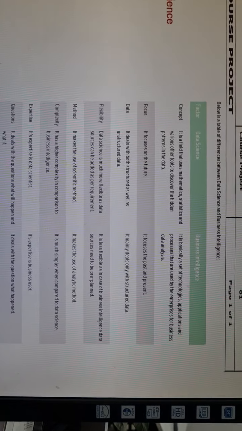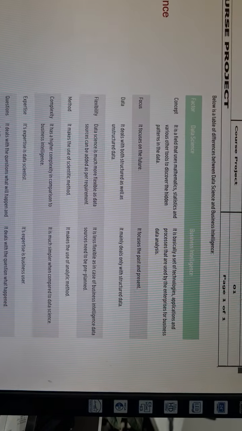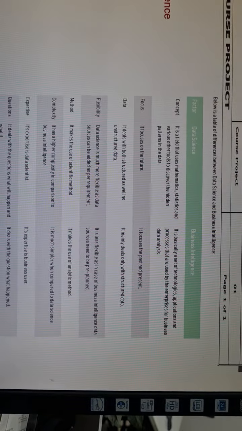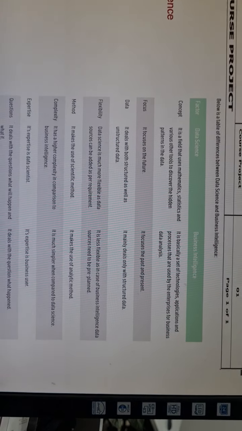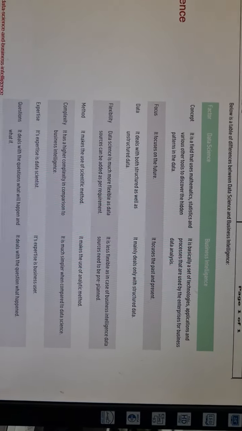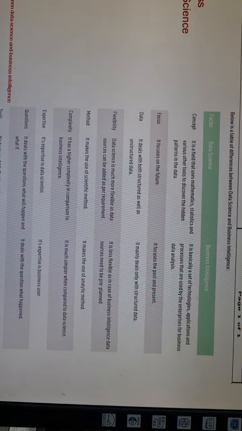For the method, data science makes use of the scientific method, while business intelligence makes use of the analytic method. On complexity, data science has higher complexity in comparison to business intelligence, while business intelligence is much simpler when compared to data science.